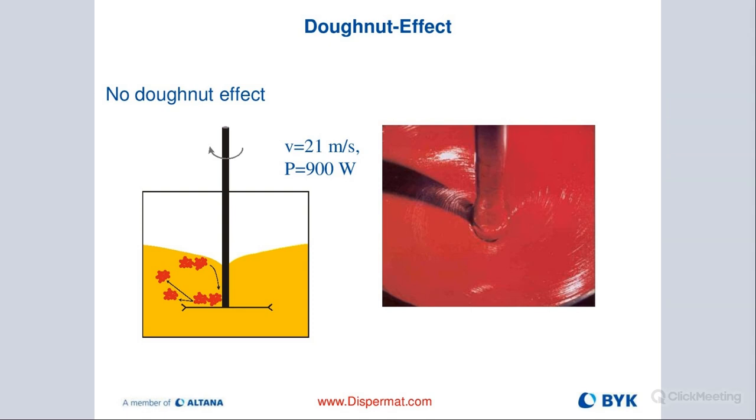And in this case, we're putting in a lot of energy, 900 watts, 20 meters per second, and we have no donut effect. Again, that can be changed, either formulation related, changing the additives that you're putting in, or the base formulation, or again, you would change the blade diameter to get the donut.